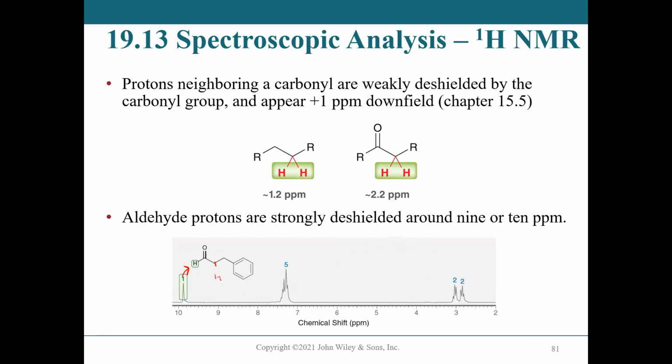So these would be protons neighboring. I guess this 5 right here corresponds to these 5, right? You have a multiplet here. And these protons here, these ones closest are most likely this one, and we have these here.